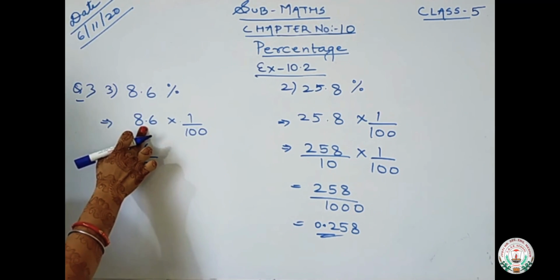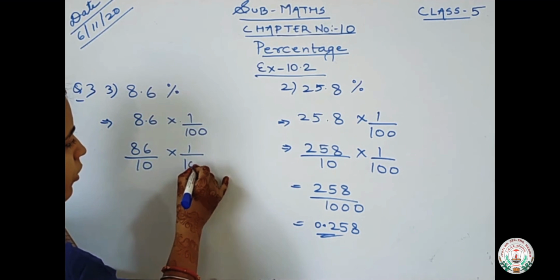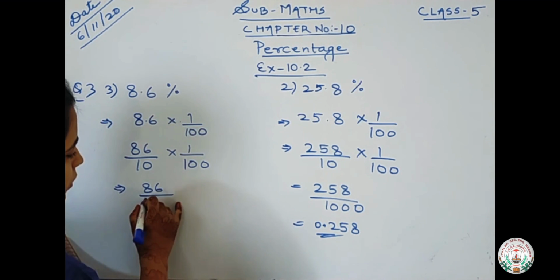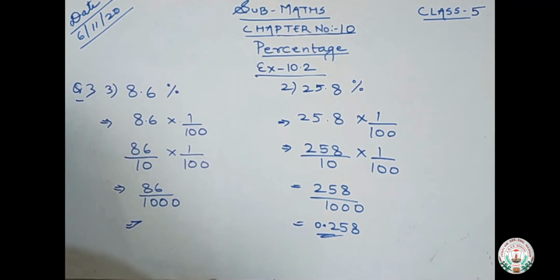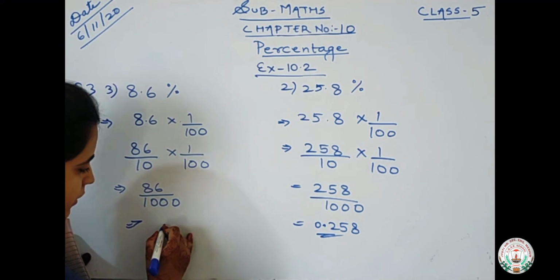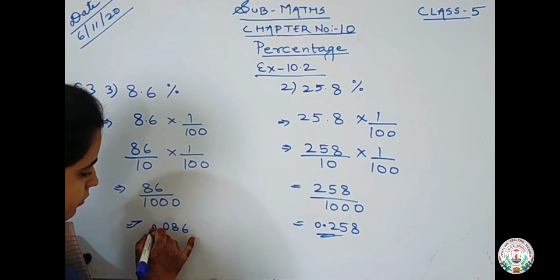Only one place of decimal is here, so I have taken 10. 1 upon 100. Multiply it. 86 upon 1000. Here 3 places of decimal will come, but only 2 numbers are given here, so we will put a 0 to make it correct.